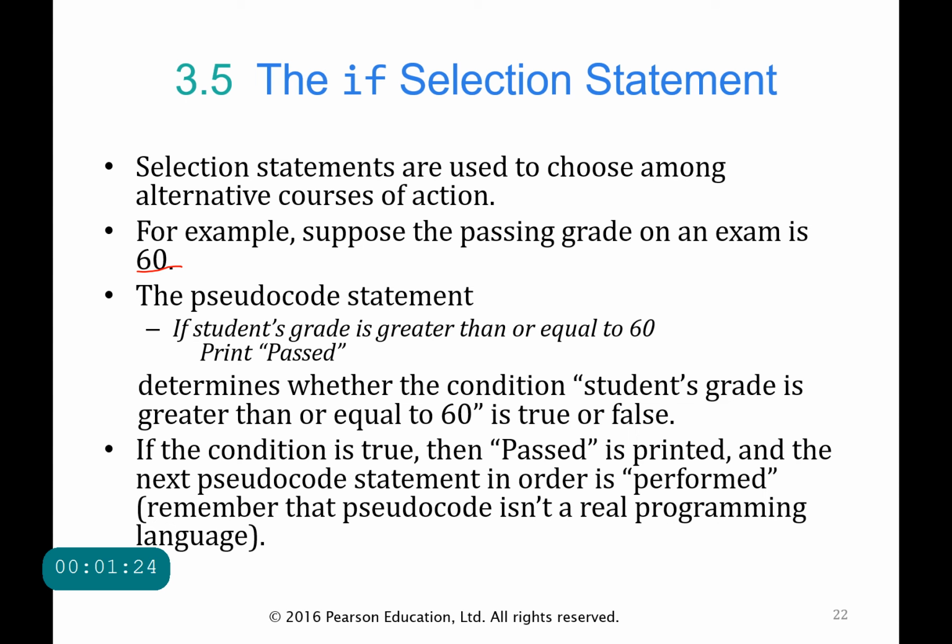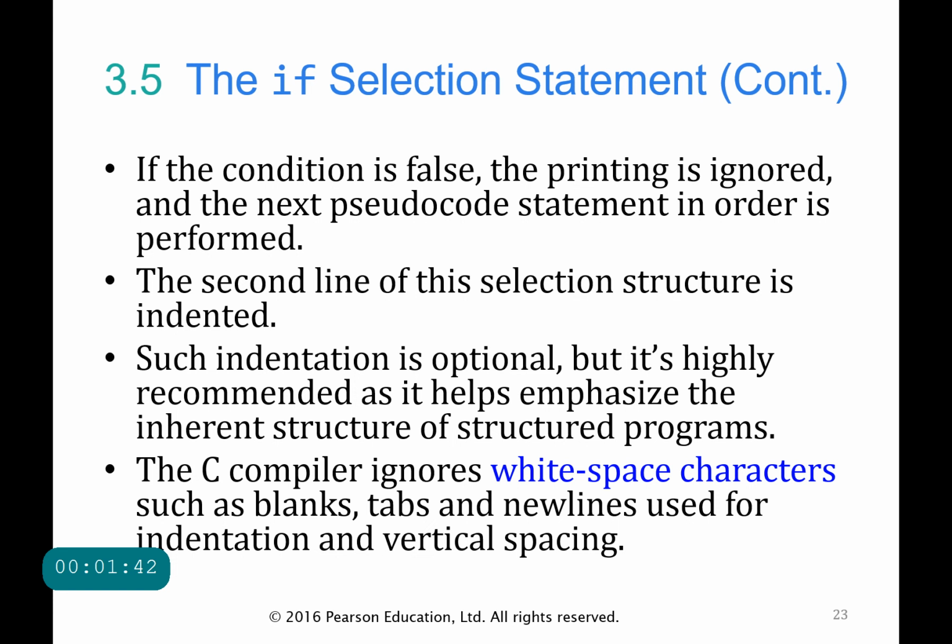Pseudocode basically conveys in more human readable terms what you want your program or software to do. So in this case we could have a pseudocode statement which could say something like, if student's grade is greater than or equal to 60, then print passed. We could do this using a very simple if statement that we have seen before.